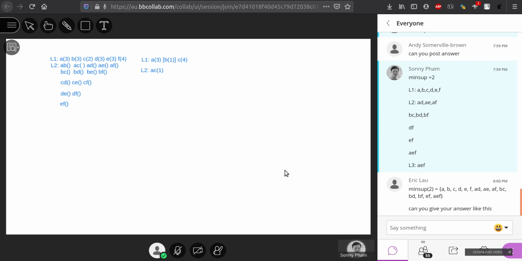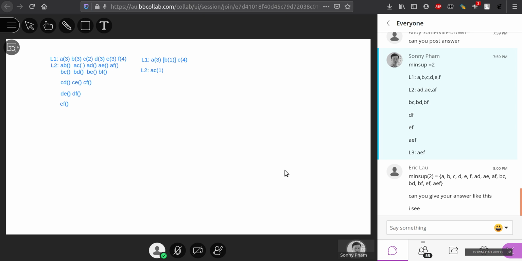Based on my experience, I suggest that people split into different lines and make sure that you don't miss anything. People do tend to miss a few items there. Okay, so that's the answer.